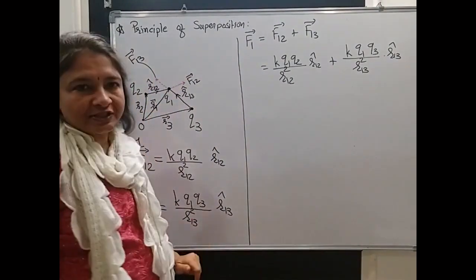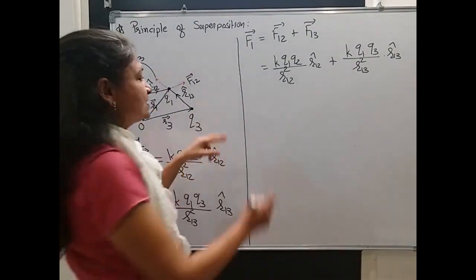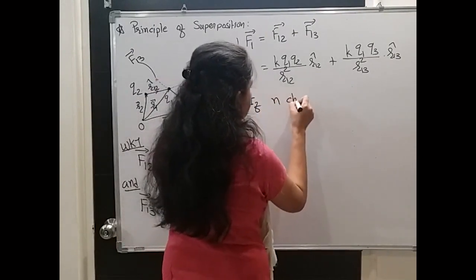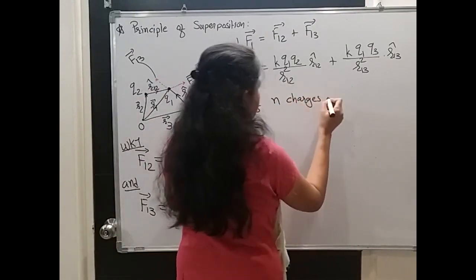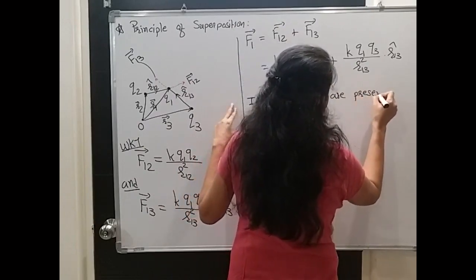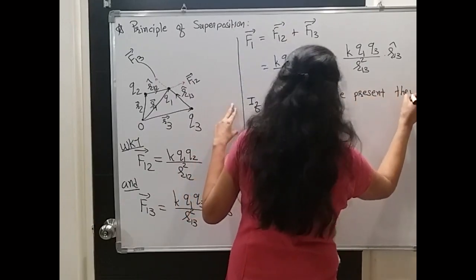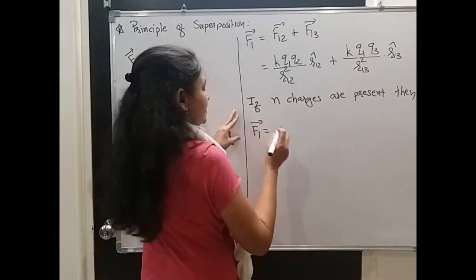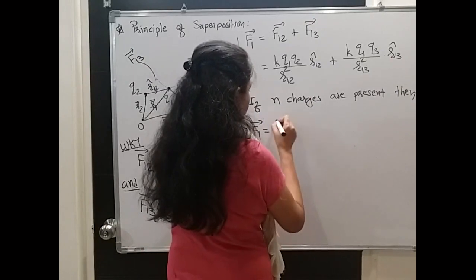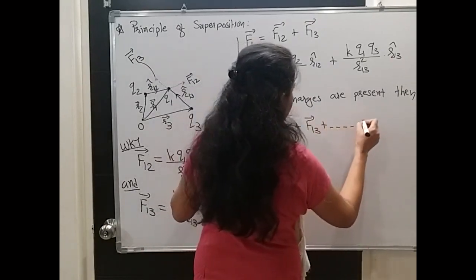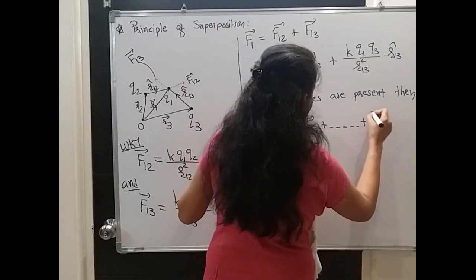Here only two forces are acting. If n charges are present, then the net force acting on 1, F1, equals vector F12 plus vector F13 up to vector F1n.